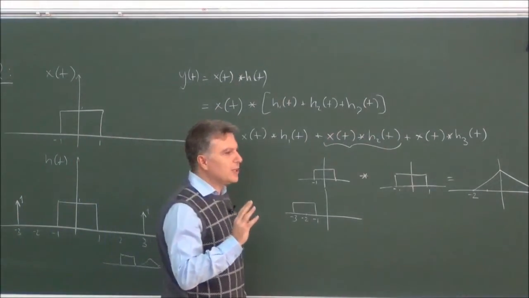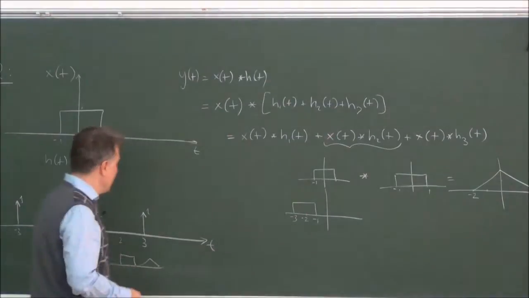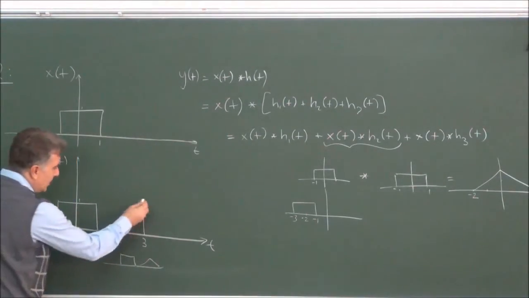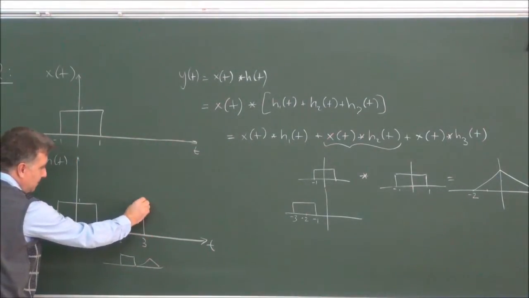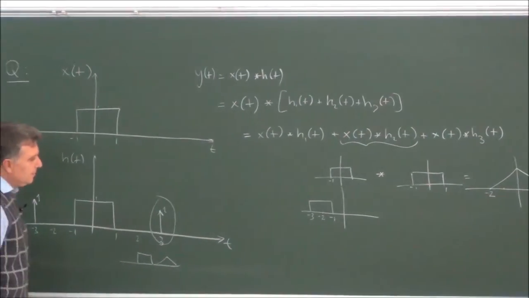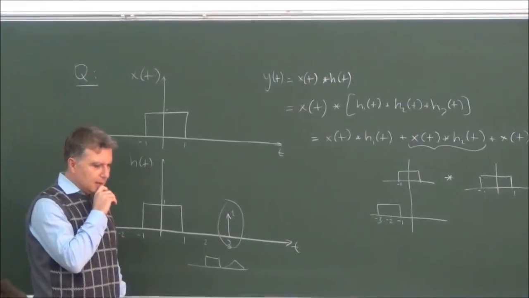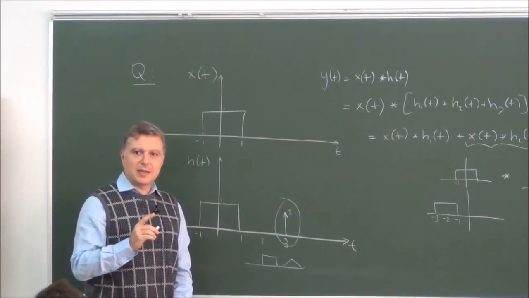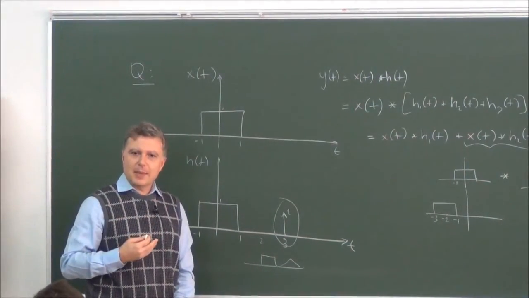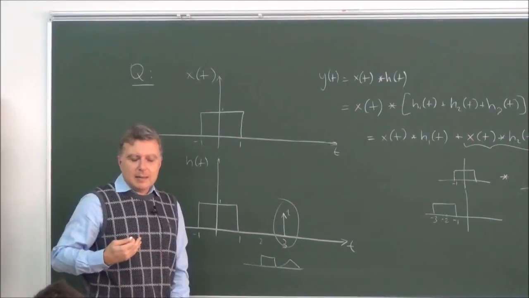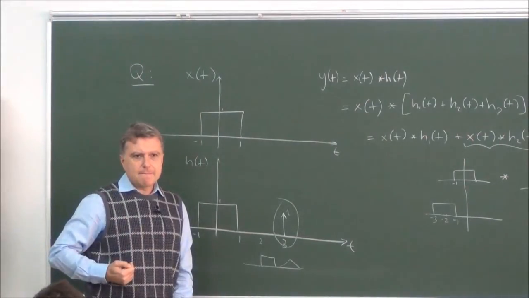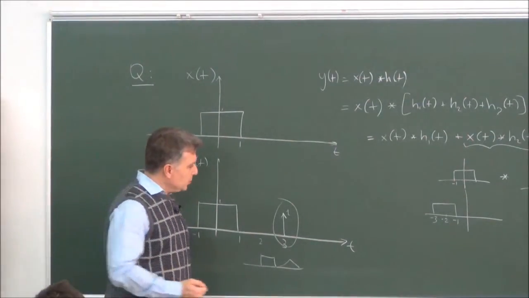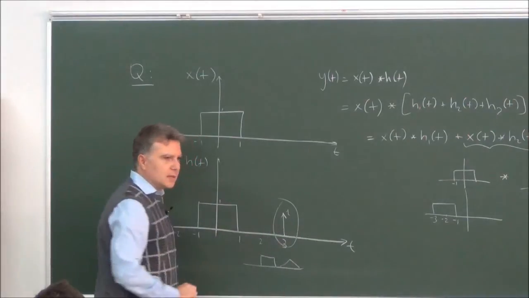I want you to think of it like this. Let's consider this, h3, this impulse. This impulse is an impulse response. Remember that. Always remember that. You can always think of it like this. So what does it mean? An impulse comes in, and the output is this.